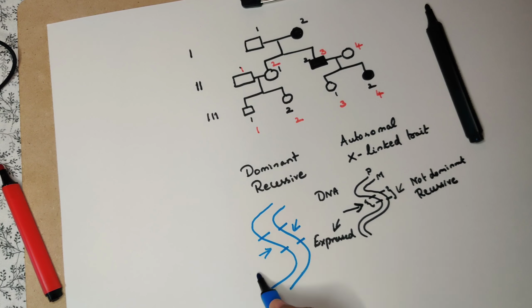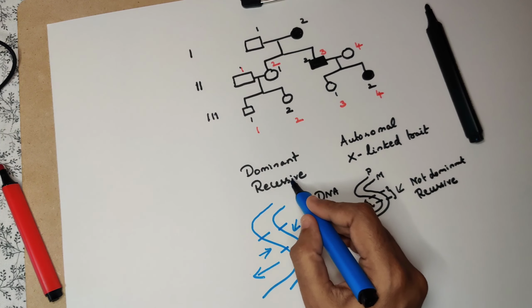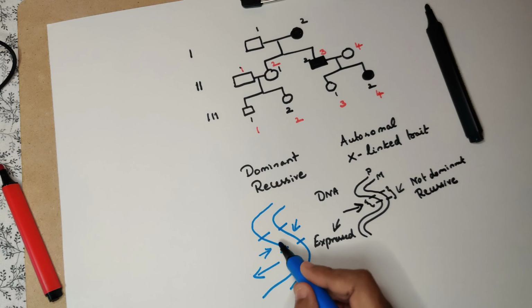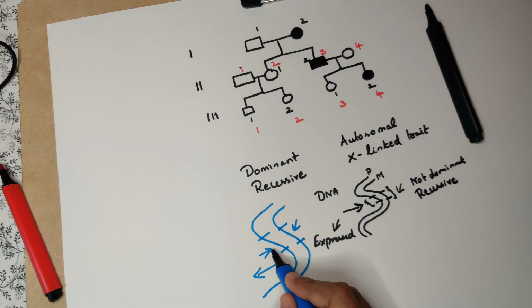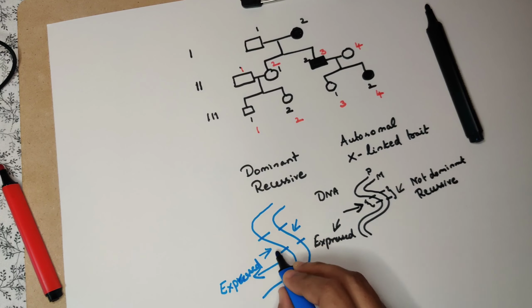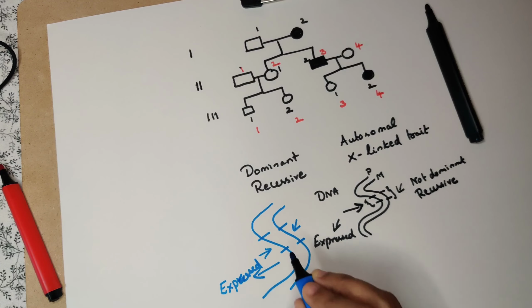Then only the particular trait that we call a recessive trait will be expressed in that particular generation for that individual. So these two genes must be recessive in order to be expressed in that individual. To be expressed, both the genes must be recessive. This is the second one.